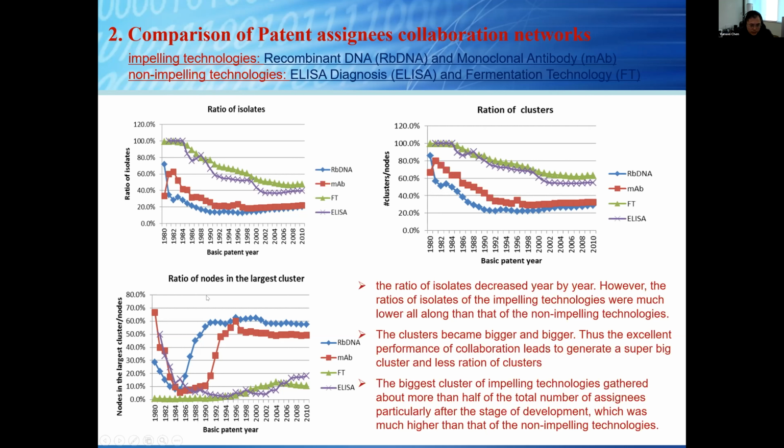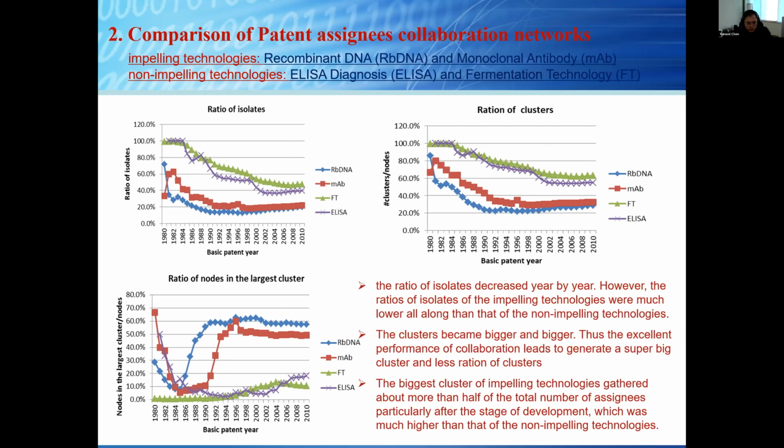When we look at the ratio of nodes in the largest cluster, we can find that in the two impelling technologies, after years of development, the ratio is the highest in the patent underneath network in the field of impelling technologies, recombinant DNA and monoclonal antibody.